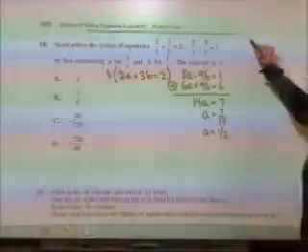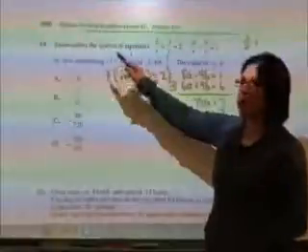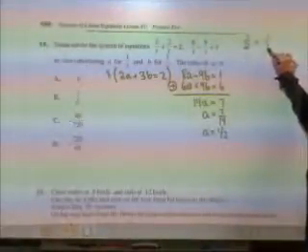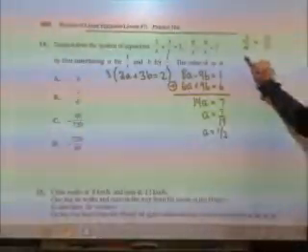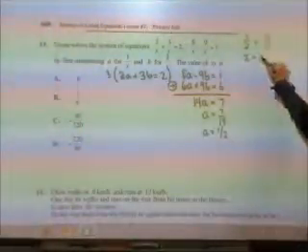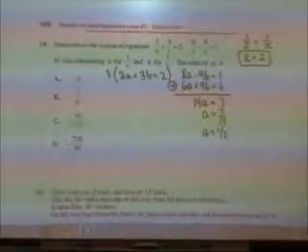So what that means is 1/2, that's what I get for a, equals 1 over x. If I cross multiply, I get 1 times x is x, 2 times 1 is 2. So my value of x is 2.